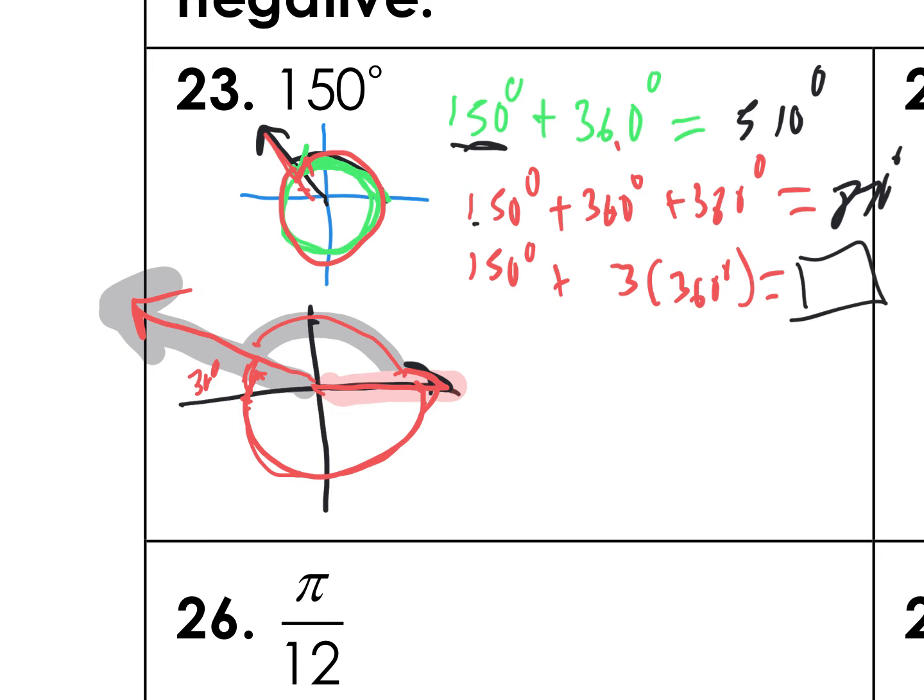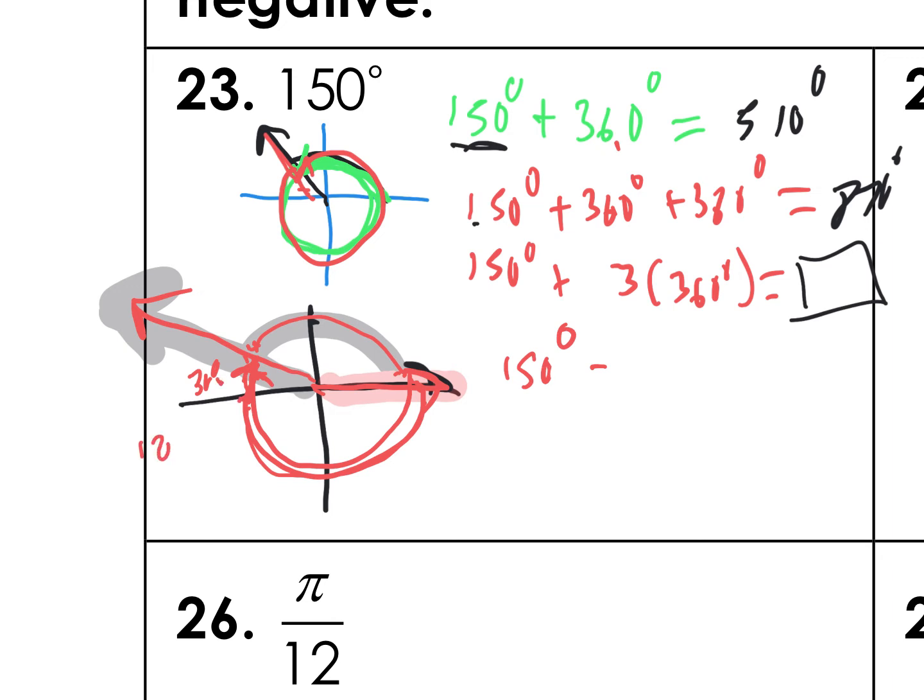So one way of doing it is take your 150 degrees and go from there. If I do the negative, that's 180 degrees plus 30.